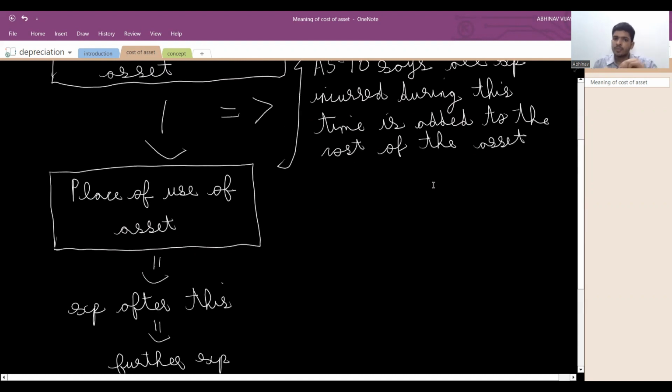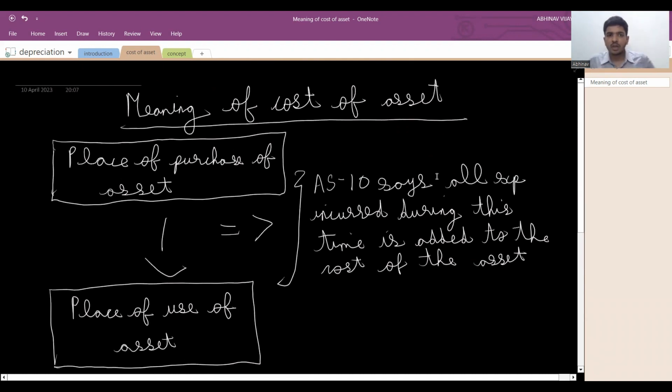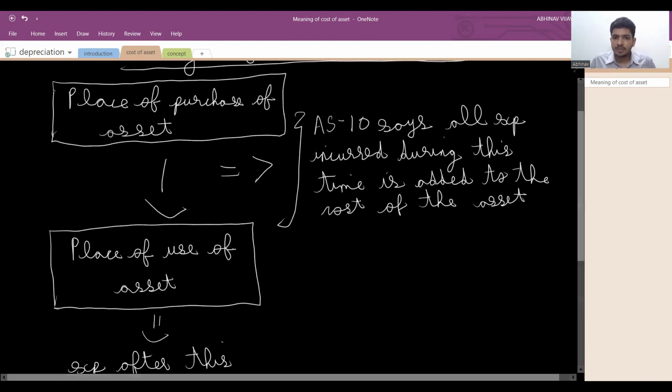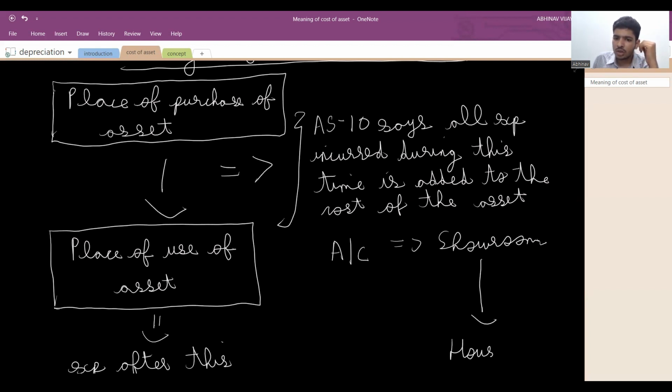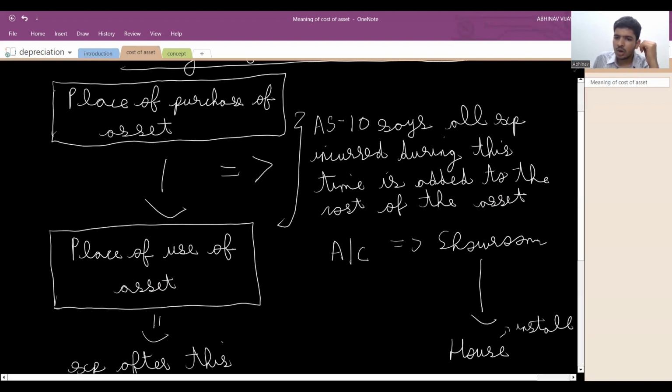Okay. Now let's start with the explanation. I'll give you an example here. Now, you purchased an air conditioner from the showroom. Usually, the showroom people bring the air conditioner to your house and they install it. All of that comes within the cost of the air conditioner.